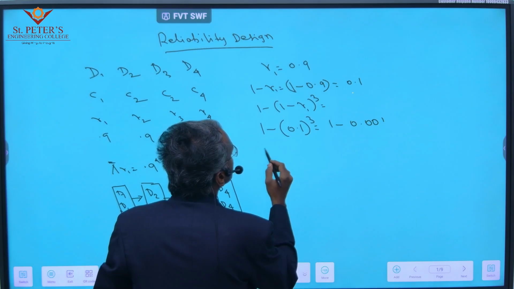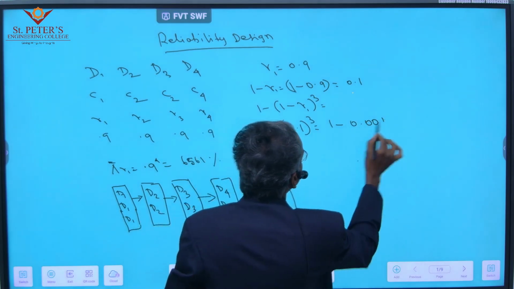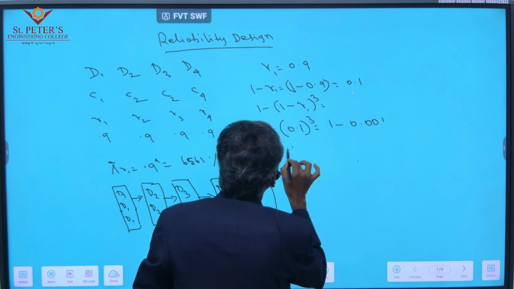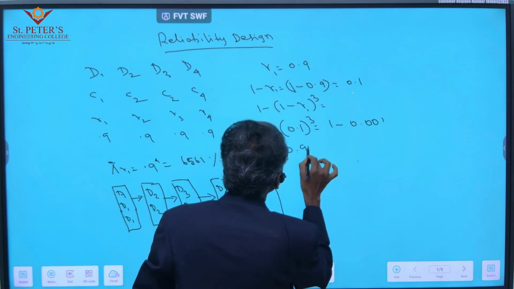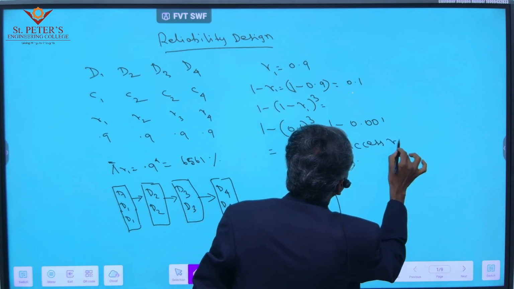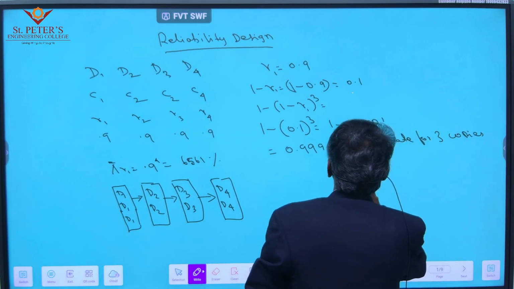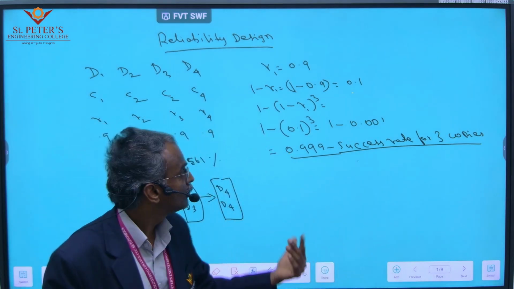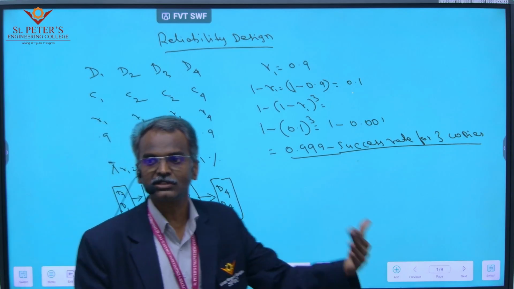It is 1 minus 0.001, which is 0.999. So when you have 3 copies, your success rate has increased substantially from 0.9 to 0.999. So almost it reaches 100 percent.